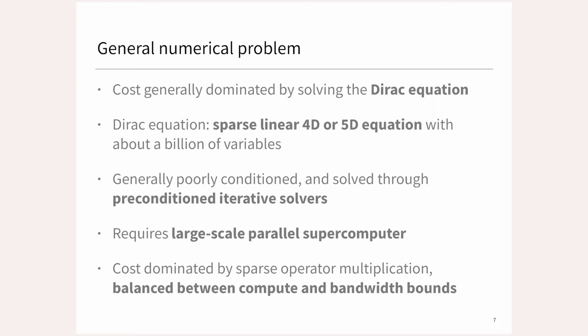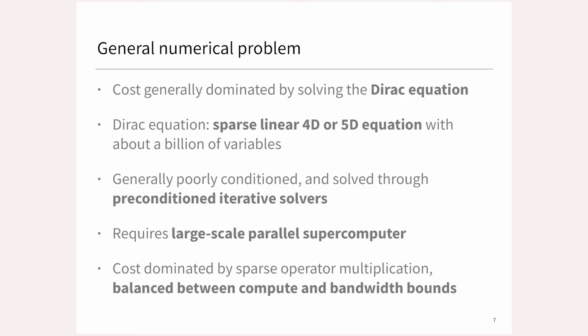Another unfortunate thing, which comes from nature and the mass of particles in the universe, is that the system is generally poorly conditioned. It has to be solved through iterative solvers with fairly sophisticated preconditioning, and being poorly conditioned means the solver generally needs a large number of iterations to converge.